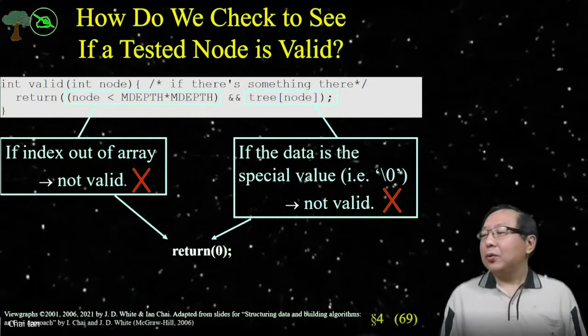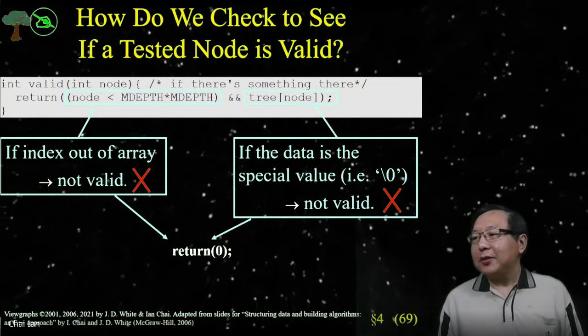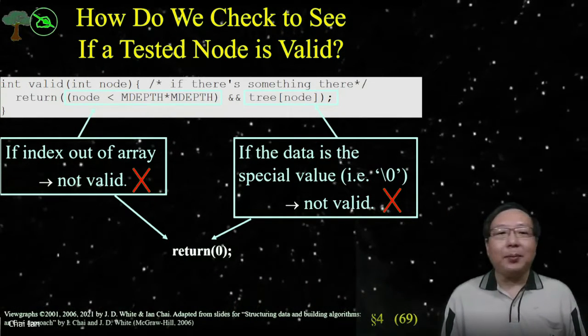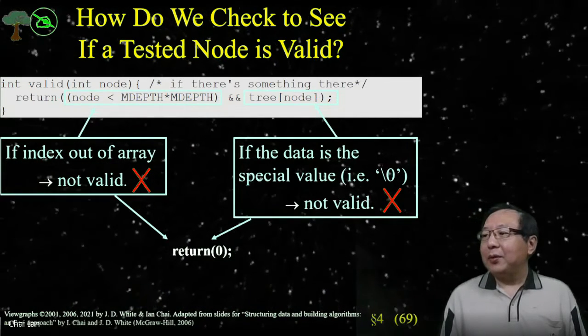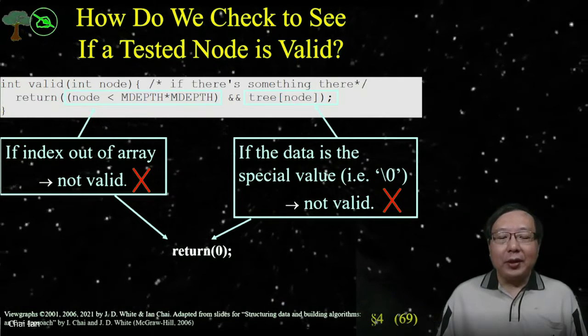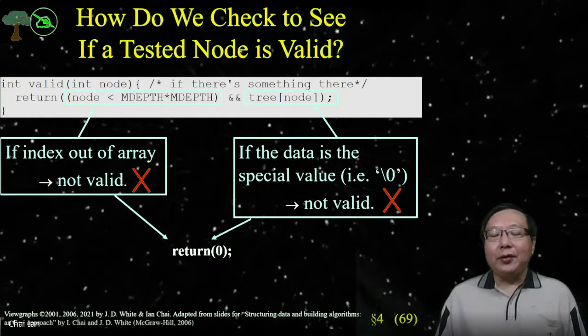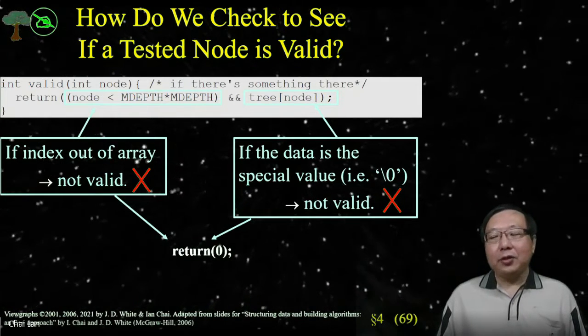It's good to unmute and ask your question because I may not see the chat box. Okay, but fortunately I happen to see the chat box this time. So your question, what will it return when both are true, is it will return 1. So if the node is within the array and the value is valid, then it will return 1, which is true.